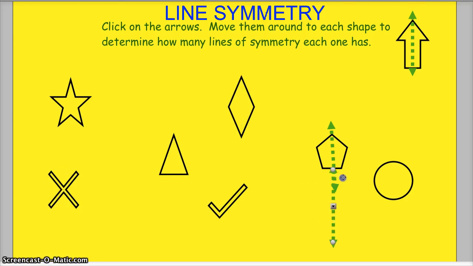The circle has line symmetry here. It also has line symmetry in any direction. Circles is a special one that has a lot of lines of symmetry.